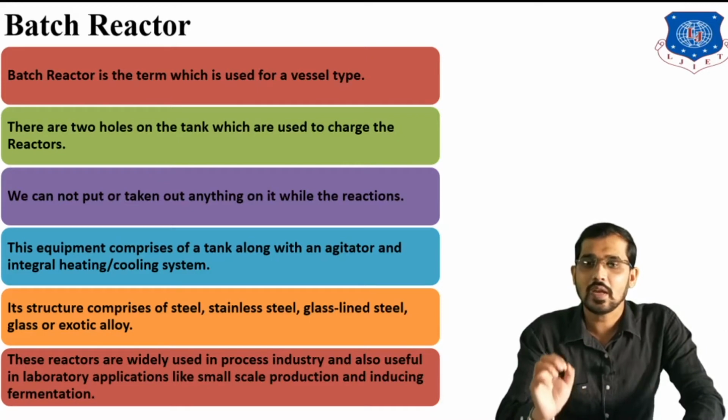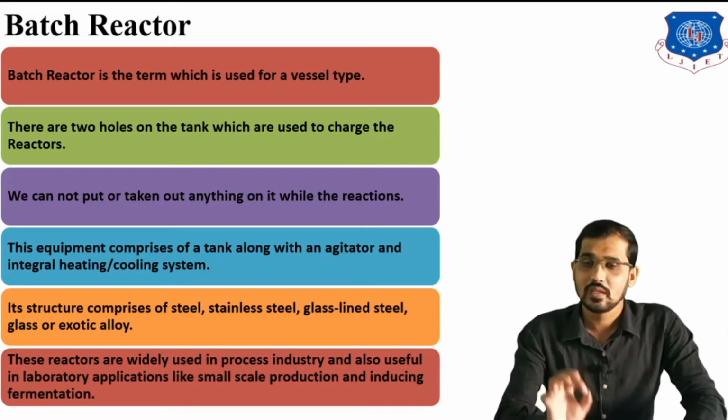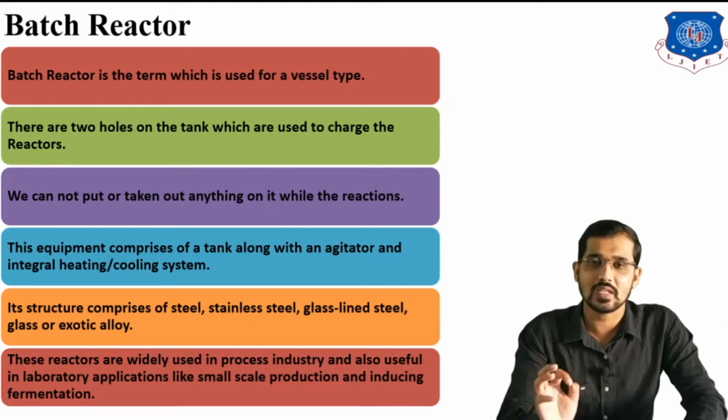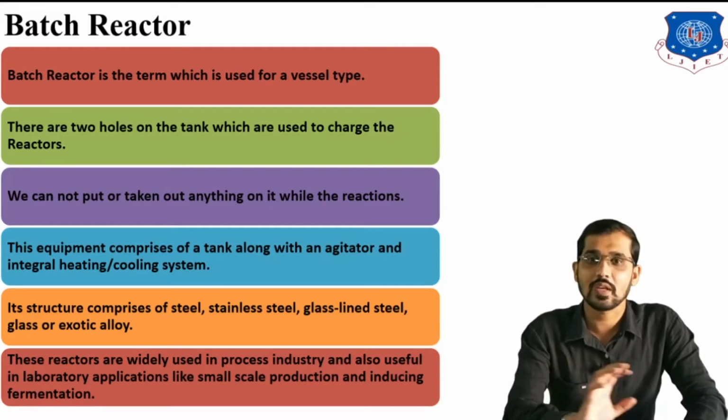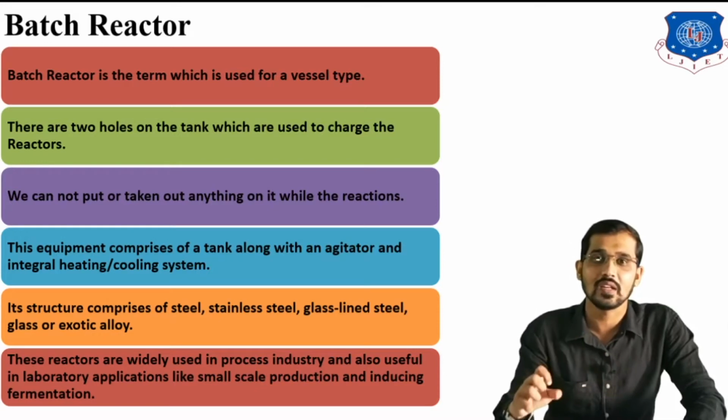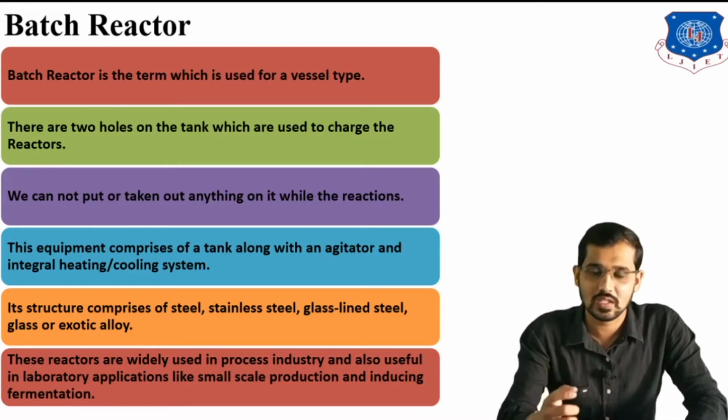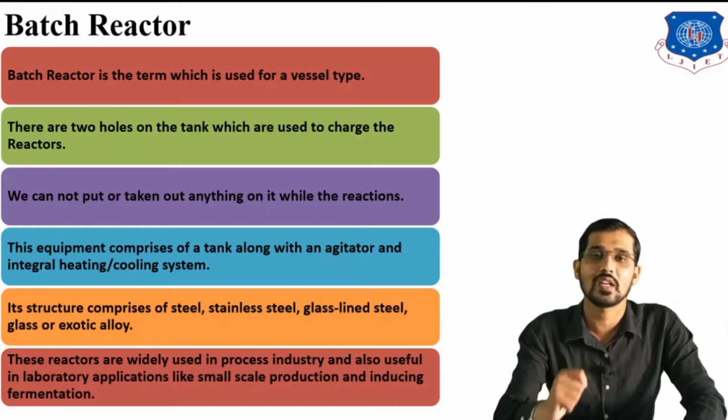After that, we cannot put in or take out anything during the reaction. This is a major difference between batch reactors and semi-batch reactors. In a batch reactor, we cannot put in or withdraw anything during the reaction, but in semi-batch reactors, we can put in or withdraw anything during the reaction.